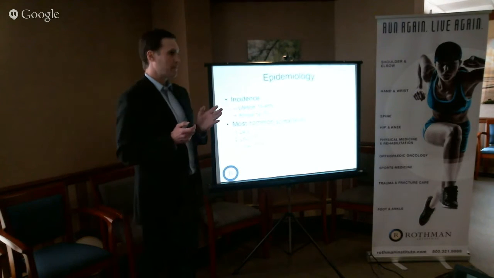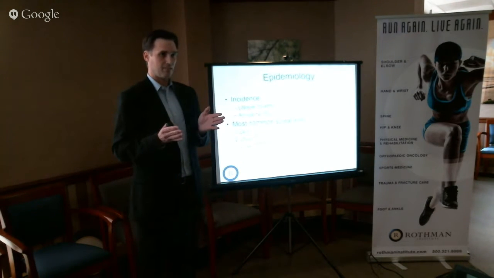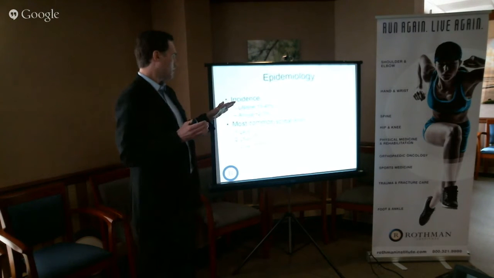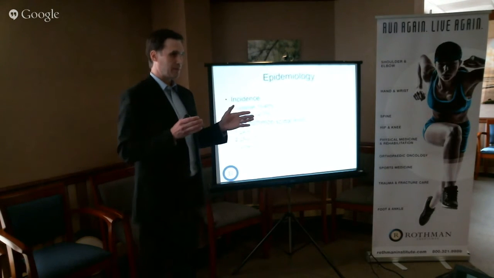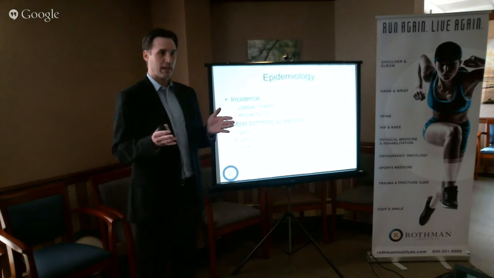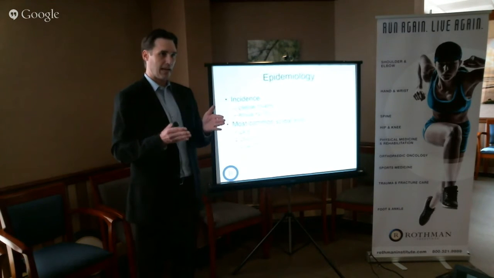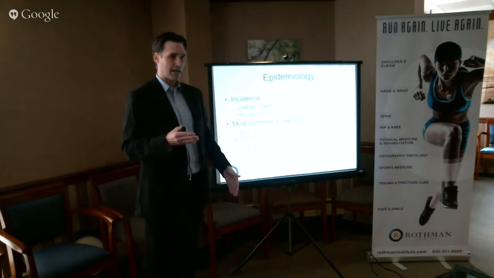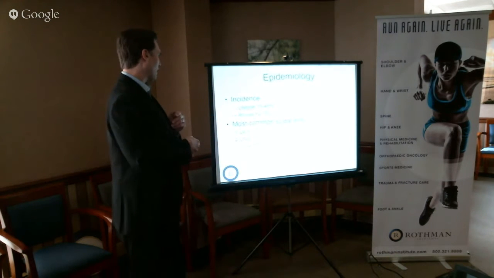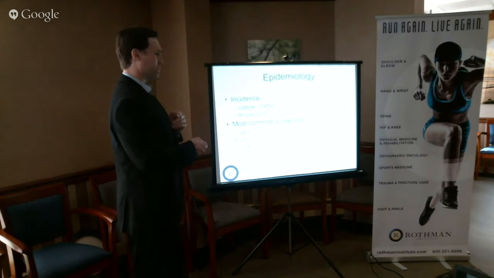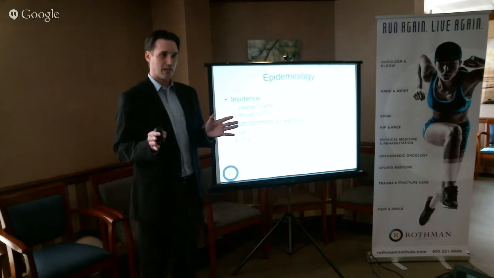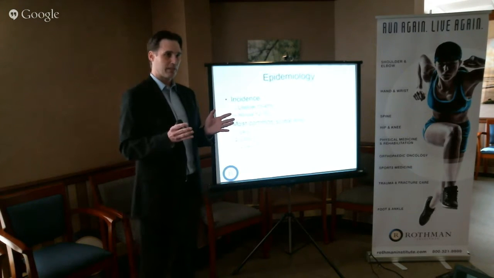Now, how many people are affected by sciatica? Well, it depends what study you look at, but between 15 and 40% of people are affected by an episode of sciatica, or pain from the back that runs down the leg. I'm sorry, in their lifetime. That's 15 to 40% in their lifetime, looking at epidemiological studies.